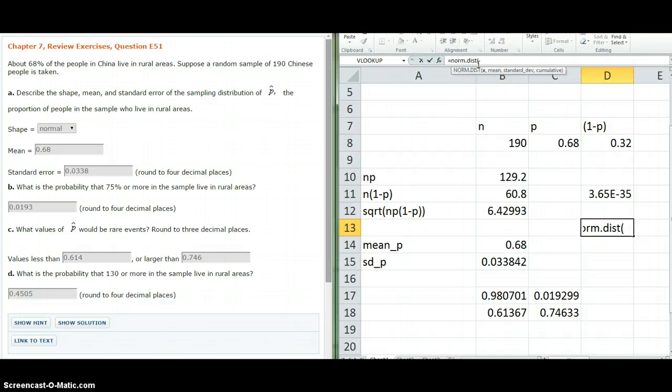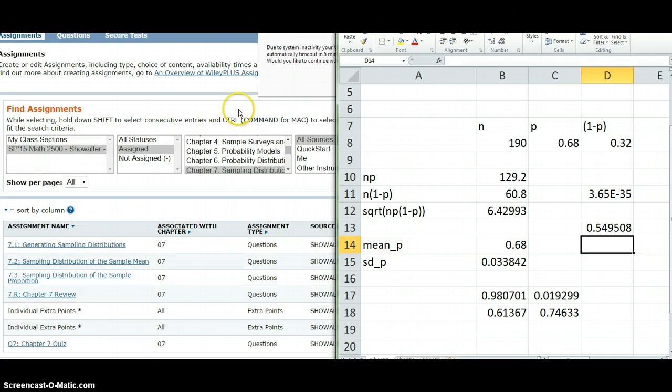My x value here is 130. Notice that I'm right at the mean, so I'm guessing that there's going to be 50% or so, since I'm in a normal distribution that's symmetric. So 54.9% will be less than or equal to 130.